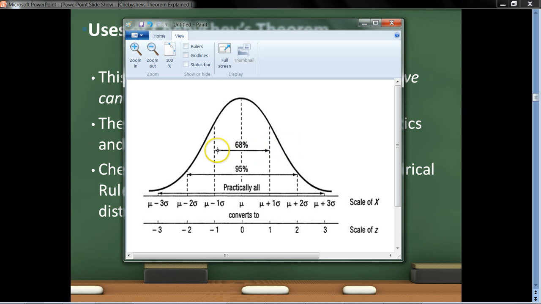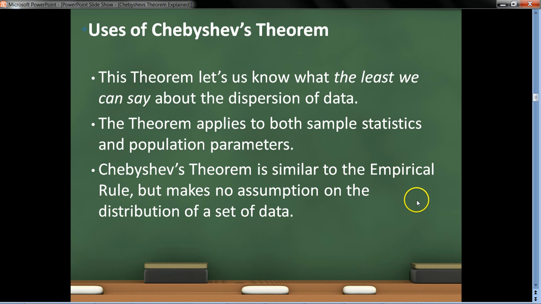It tells us, for example, that about 68% of the data lies within one standard deviation of the mean, 95% of the data lies within two standard deviations of the mean. But notice, this makes the presumption that the distribution of the data has this triangular shape, this mound shape, this bell shape, sometimes called normal shape. Chebyshev's theorem makes no such assumption.